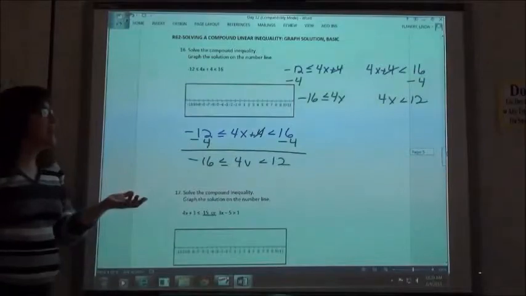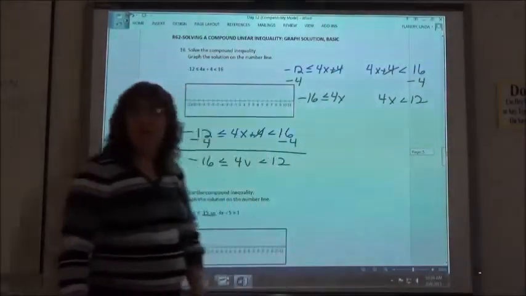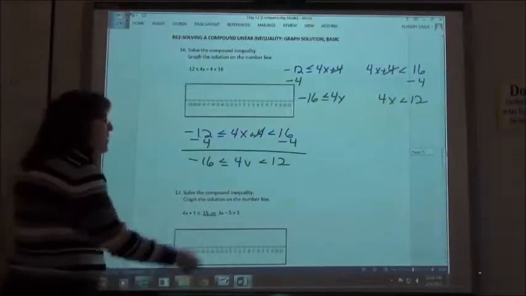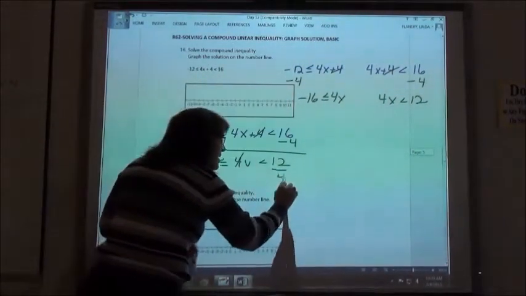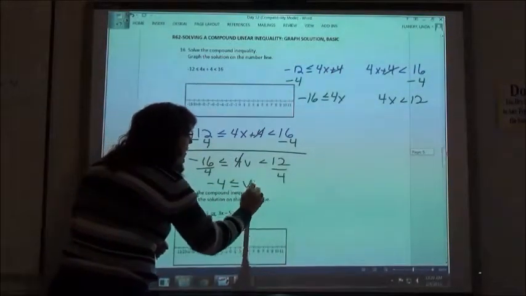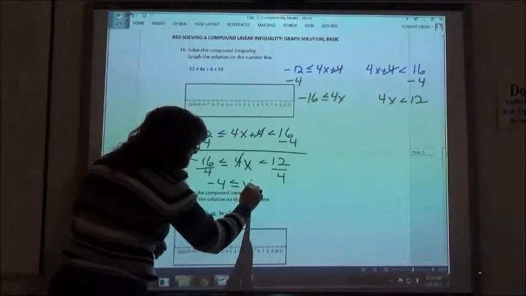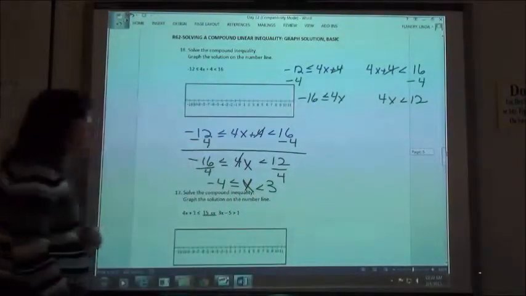Same thing on my next step. My next step on both of these would be dividing by the 4. So when I divide by the 4 here, I have to divide by the 4 on both sides. Negative 4 is less than or equal to x. It should have been an x, I just can't write. Which is less than 3.